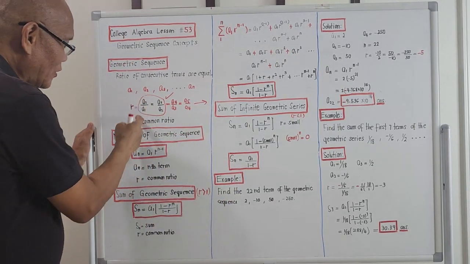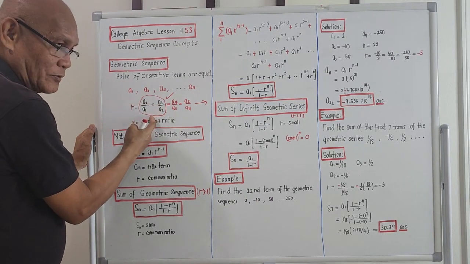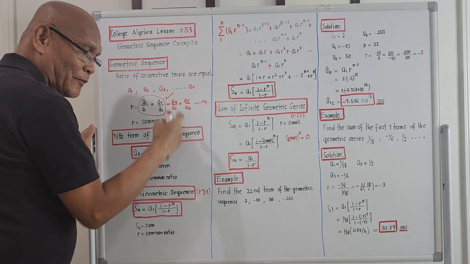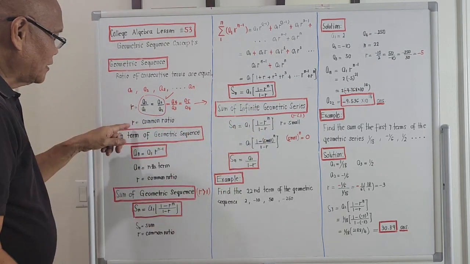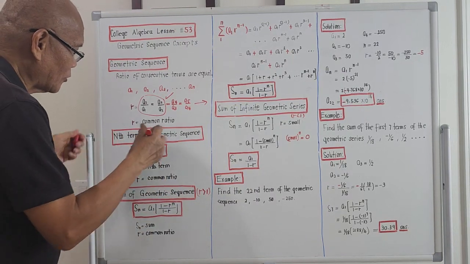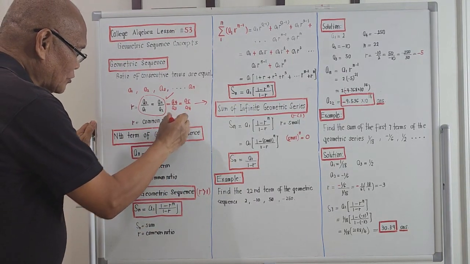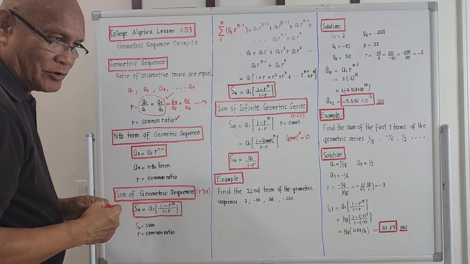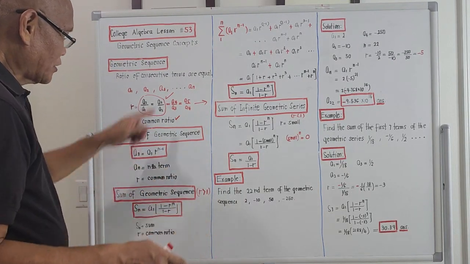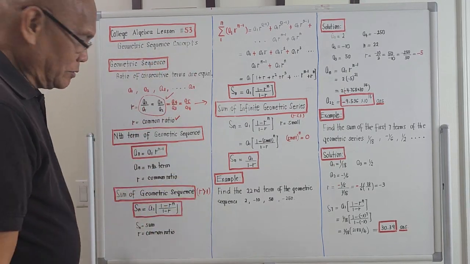Meaning A2 over A1 is equal to A3 over A2. This is equal to A4 over A3. This is A5 over A4. And so on. And the name for R is the so-called common ratio. So if we hear a common ratio, the subject matter should fall under geometric sequence or geometric progression.